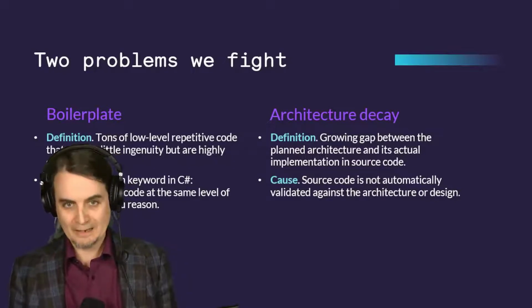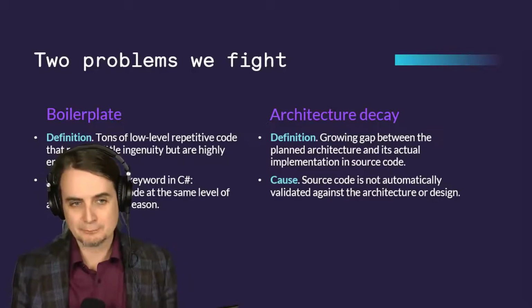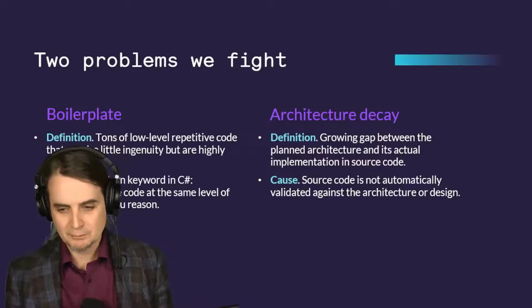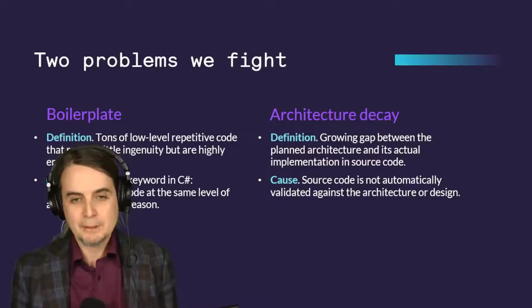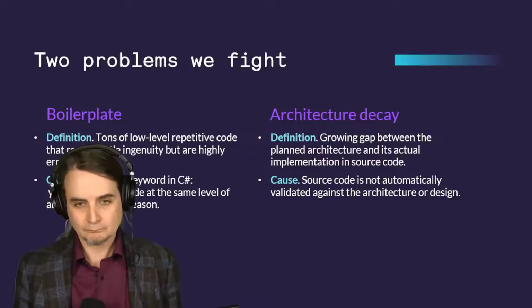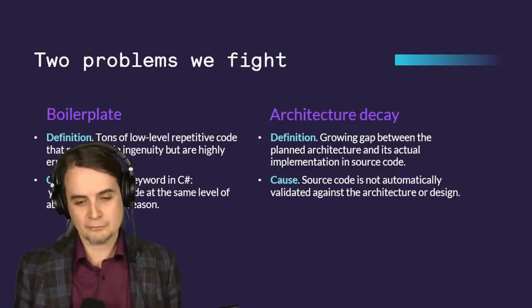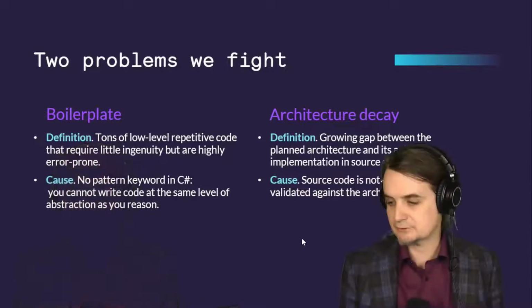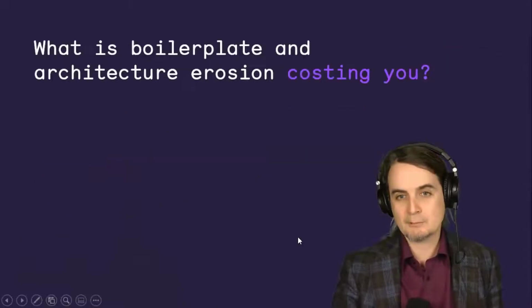Architecture decay is a complex problem. There is not a single cause like the lack of a pattern keyword in C#, but one cause is the lack of automation of validation of the source code against the initial architecture.